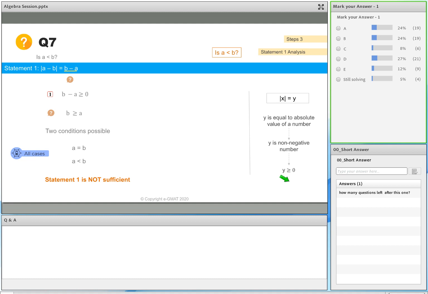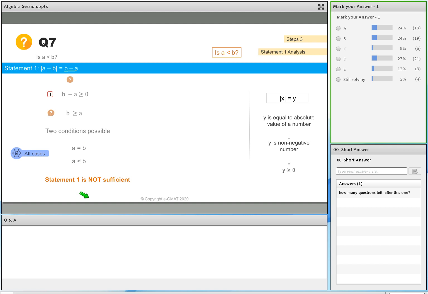The same thing here. B minus A, because it is the absolute value of something, is greater than or equal to 0. So B is greater than or equal to A. So B is either equal to A or B is greater than A.